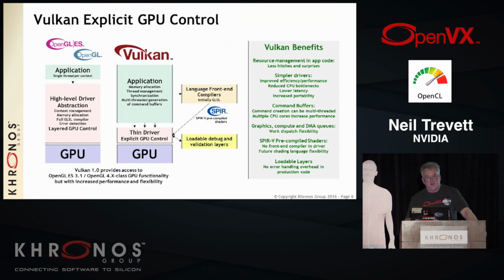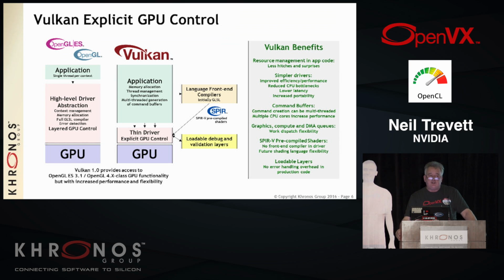Vulkan takes a very different approach and makes the driver as thin as possible. Why do we do that? Well, for the highest performance applications, and kind of the sweet spot perhaps is the game engine vendors, they were actually, in the end, fighting against the OpenGL drivers. There are lots of heuristics built into a modern OpenGL driver, trying to guess what the application is going to do next and pre-allocating memory and trying to present a very clean, smooth interface.